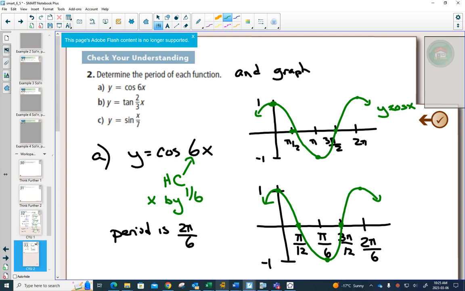And we've drawn the graph of y equals cos 6x very quickly and very easily. So we're going to notice a shortcut that the inside function is going to help us with.